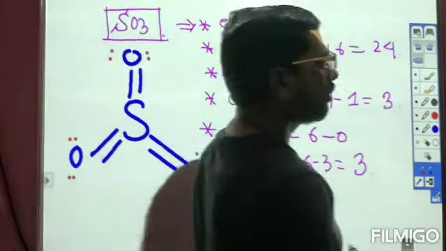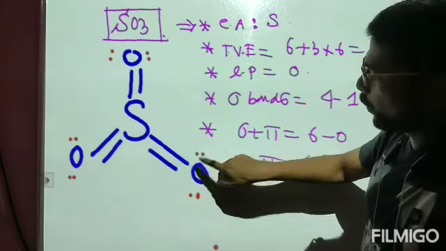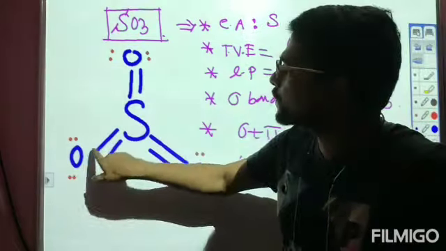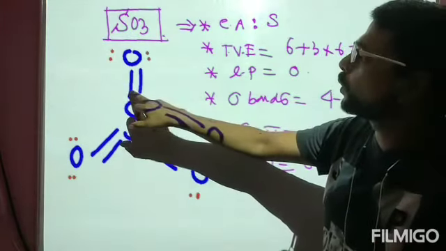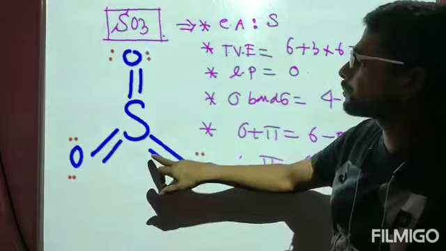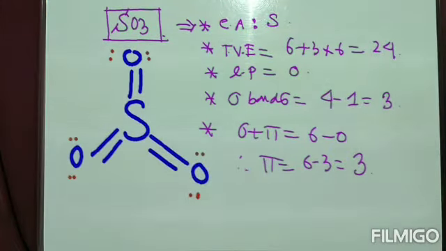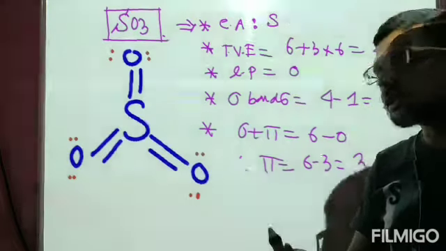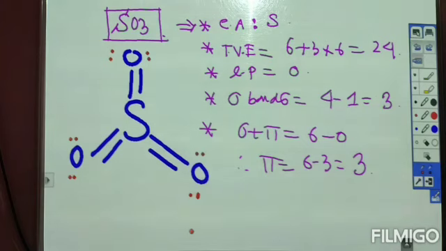Done. See, oxygen 2, 4, 6, 8, 2, 4, 6, 8, 2, 4, 6, 8, sulfur 2, 4, 6, 8, 10, 12. No problem, not at all an issue. Sulfur can expand its octet. So this is the Lewis structure for sulfur trioxide.